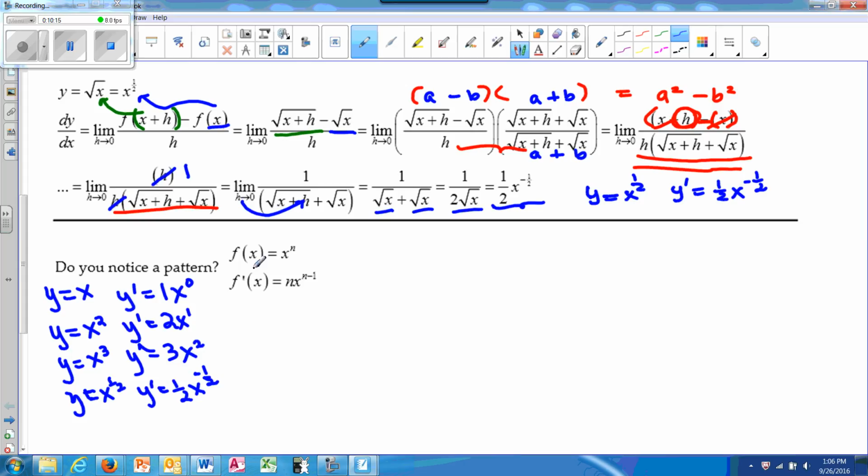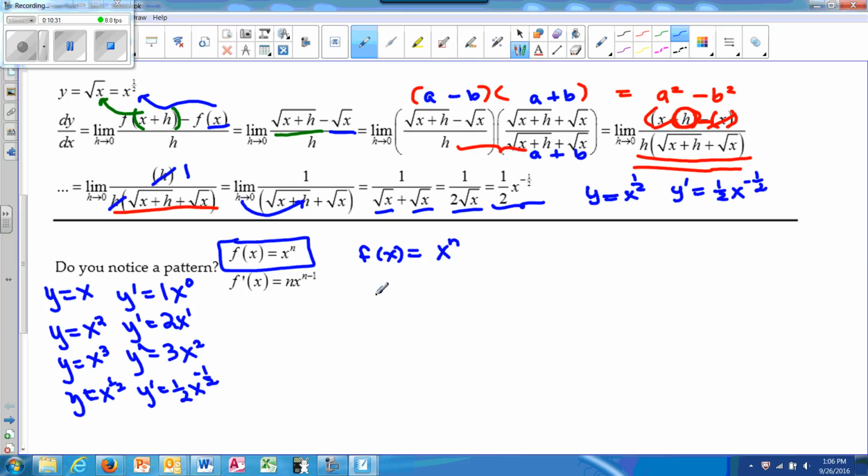When y equaled x to the 1/2, y prime was 1/2 x to the negative 1/2. So notice our pattern.